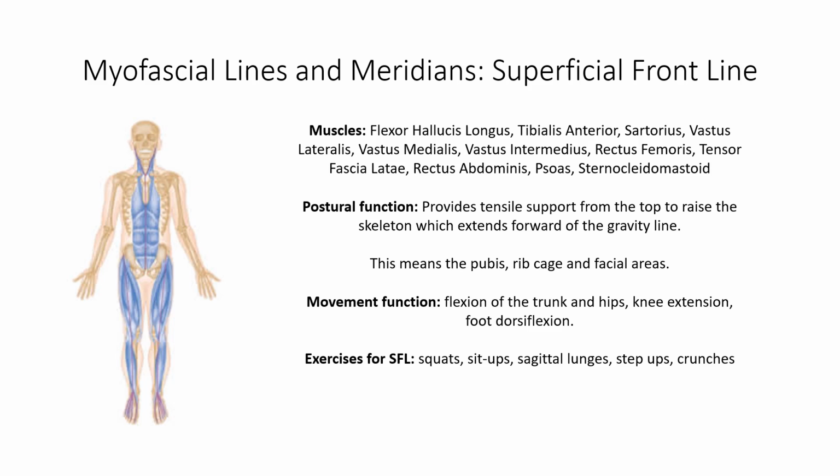Vastus lateralis, vastus medialis, vastus intermedius, rectus femoris, all part of the quadriceps. You've got the tensor fasciae latae, the TFL, which internally rotates the hip. And then you've got the rectus abdominis, the washboard abs, the psoas, which allows you to flex the hip, all the way up to the sternocleidomastoid in the neck.